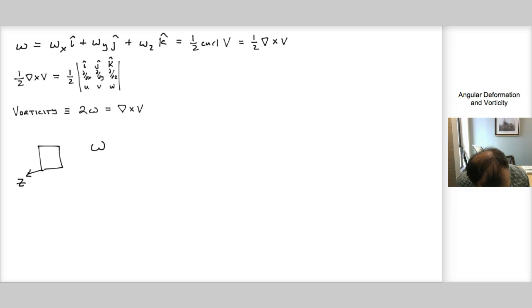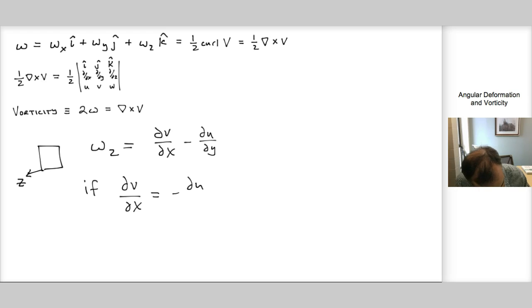So if we say omega z is equal to dv over dx minus du over dy, okay? So omega z is equal to dv dx minus du dy. It will only rotate undeformed if dv over dx is equal to negative du over dy.